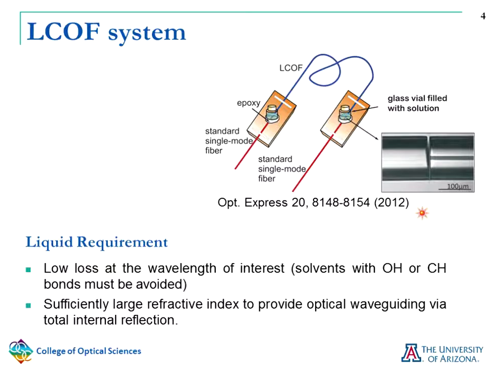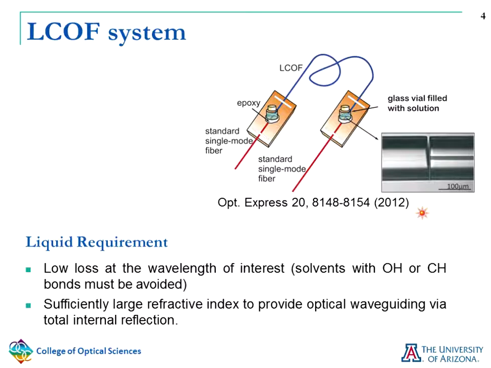So the liquid that we use for this work has to have some kind of properties. It has to have a low loss at the wavelength of interest. For this work, we are working at 1550 nanometers. So the solvents that we use shouldn't have any hydroxyl or CH bond in the structure.